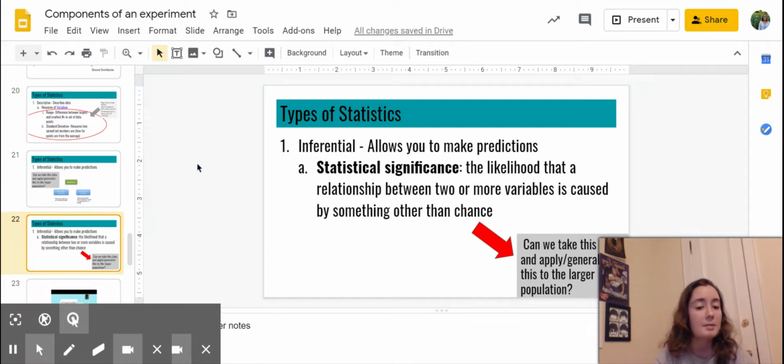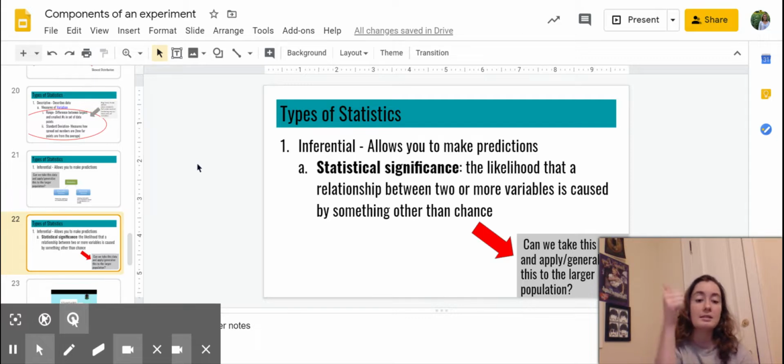When something is statistically significant, it's likely that the relationship between two or more variables, like with correlations, is caused by something other than chance. It shows there's a pretty strong relationship, and it's not just a fluke or chance thing that these are connected with one another. There's probably some more meaningful connection.